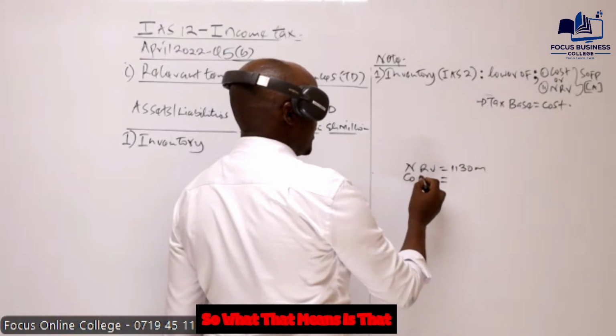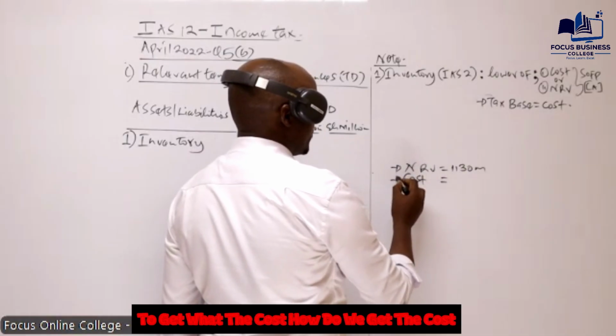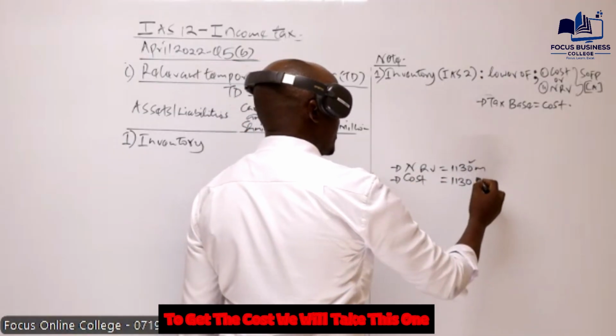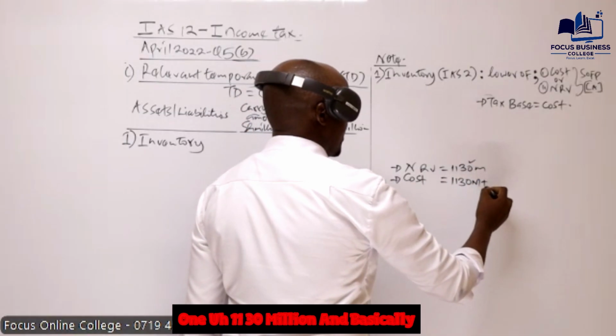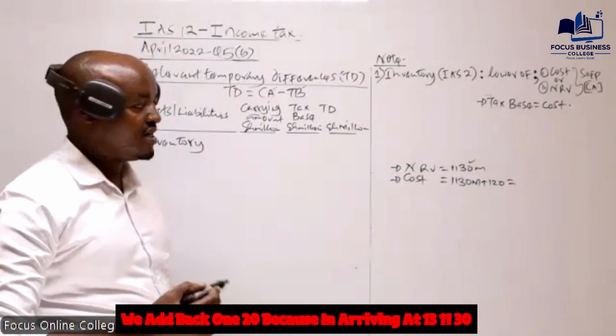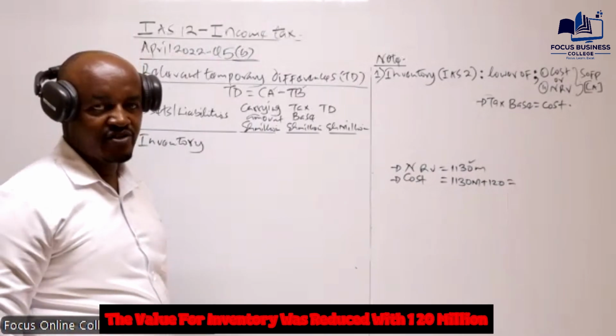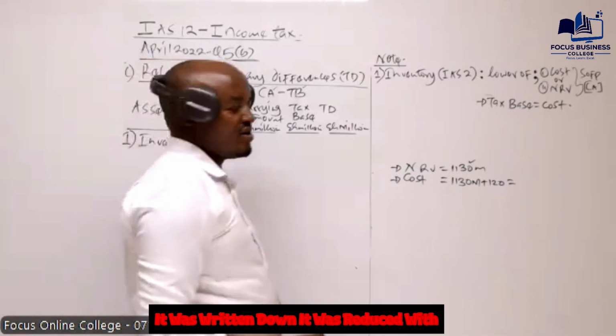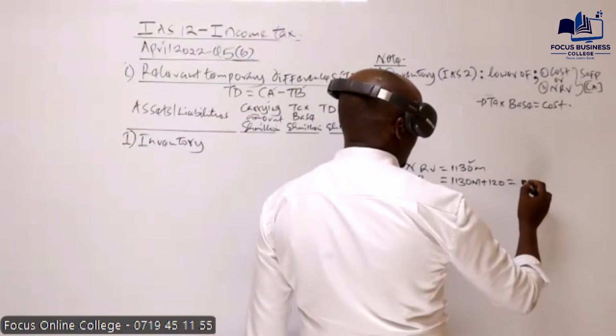So we are going to use that information to get the cost. How do we get the cost? We take this 1130 million and add back 120, because in arriving at 1130, the value for inventory was reduced by 120 million. It was written down. So what do we get here?